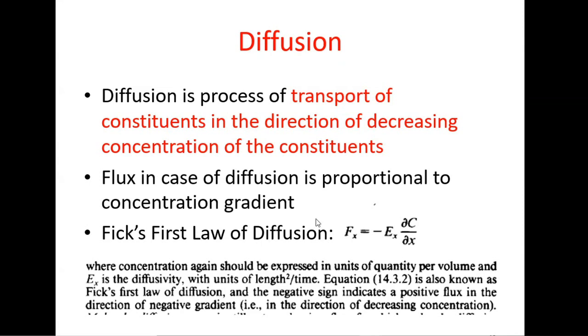So to get a positive flux value, a negative sign is multiplied over here. The negative sign in the equation describes that flux is positive in the direction of the lowering concentration, in the direction of the negative gradient.